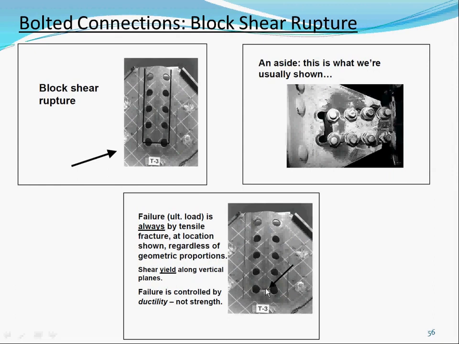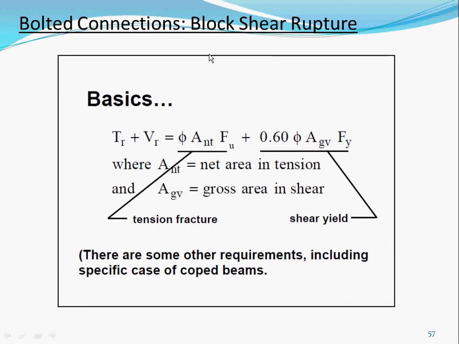So you have to consider both the tension plane and the shear plane. That's where the AISC comes in, where they consider tension fracture in the tension plane and shear yielding in the shear plane, and that's where the block shear equation is. So the gross area in shear, and then the net area in tension.